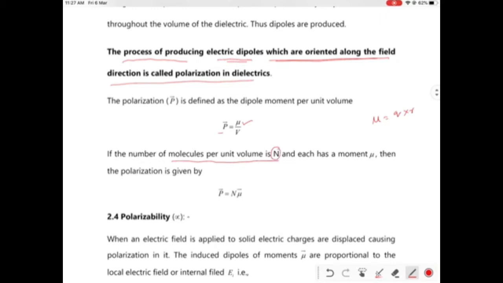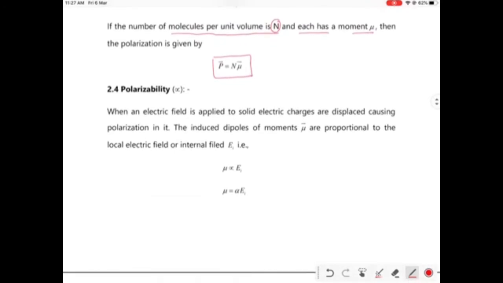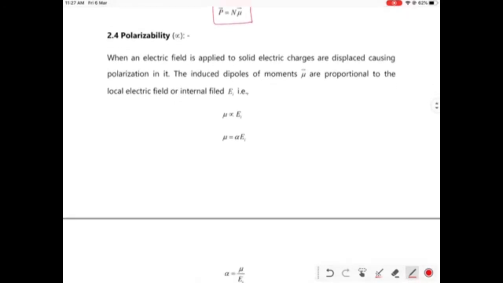Another one is polarizability. When an electric field is applied to a solid, electric charges are displaced, causing polarization in it. The induced dipoles of moment mu are proportional to the local electric field or internal field EI.